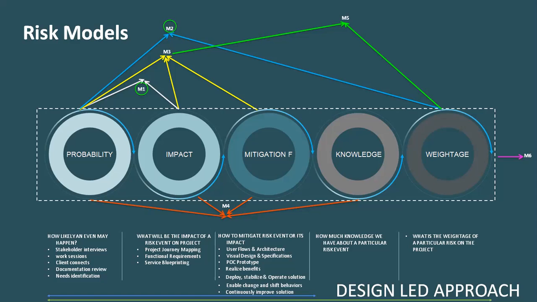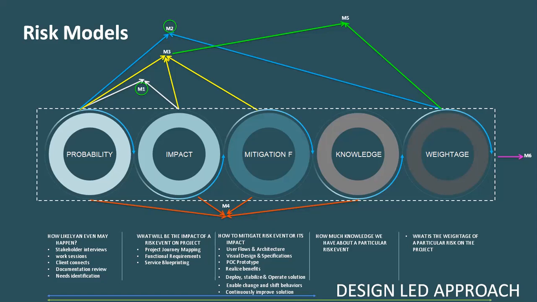Now, we need to calculate the risk for a particular project in terms of numbers. Now, the difficult part is, regardless of which model you are implementing, you can implement all the models in one project, but that depends upon what kind of project you're running, how complex it is, what's the value of the project in dollars, how big is the project, how widespread is the project, multi-stakeholder, multi-client, multi-geography, right?